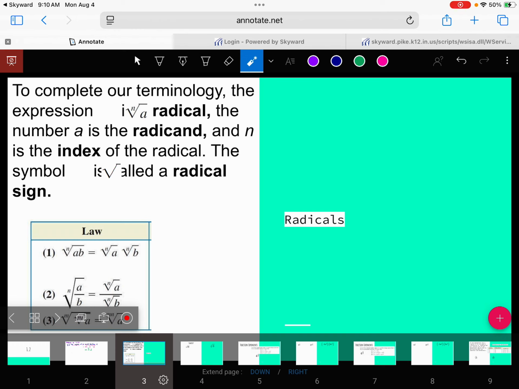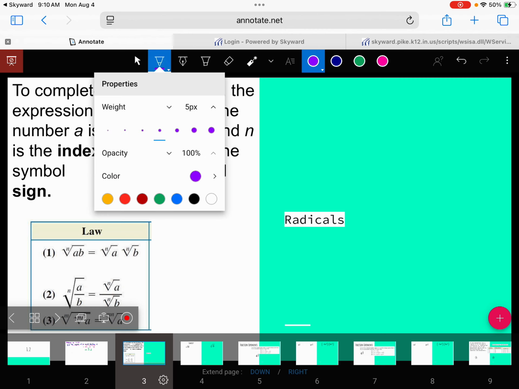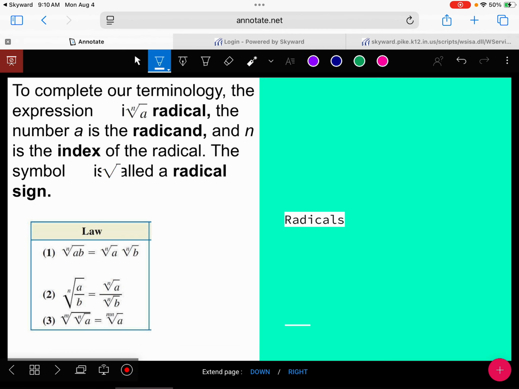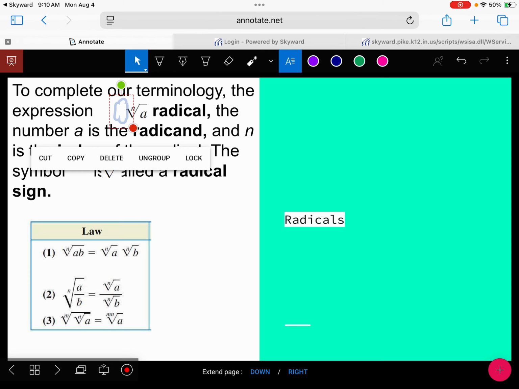Oh, fun. I love when it likes to play with my formatting. That I is definitely not an I. There we go. Getting rid of that piece. There was a random word behind the fraction, or the radical. Why? Because Google and Annotate have decided to fight. And they chose violence against me.